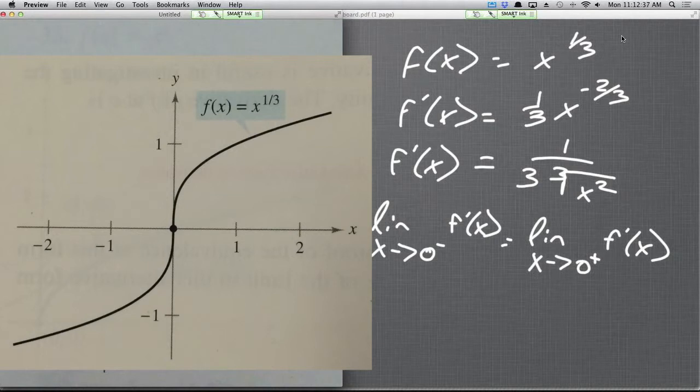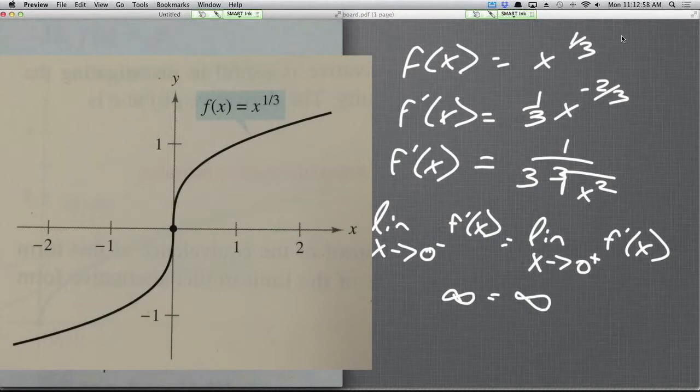If I'm plugging in from the left, what do I get? I get a positive. If I'm plugging in from the right, what do I get? Positive. Now, I do get the same result in this case, but what's the problem? Is infinity an actual number? Infinity is a concept.